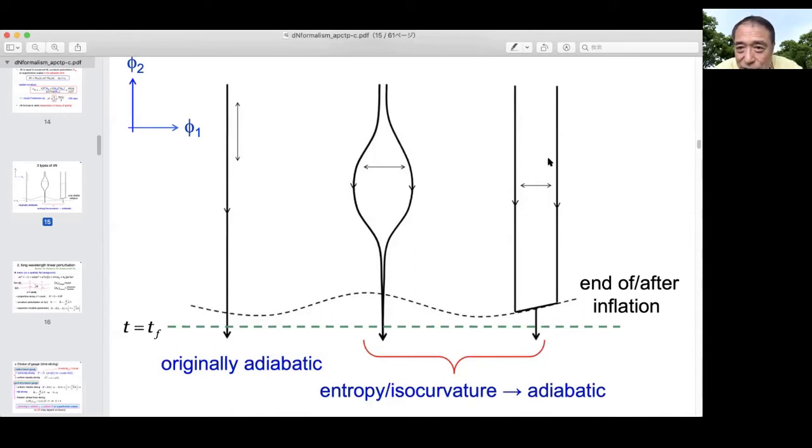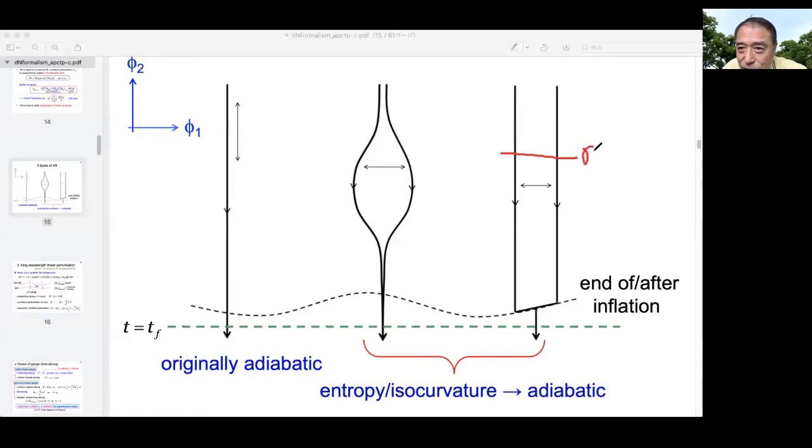Let's assume that our universe is at some certain point in the early universe, but not too early. And you have some isocurvature perturbations in the universe. Then you may compute, say, a curvature perturbation at this slice.